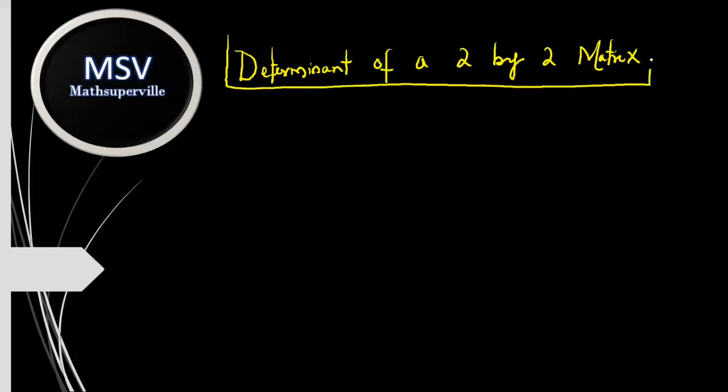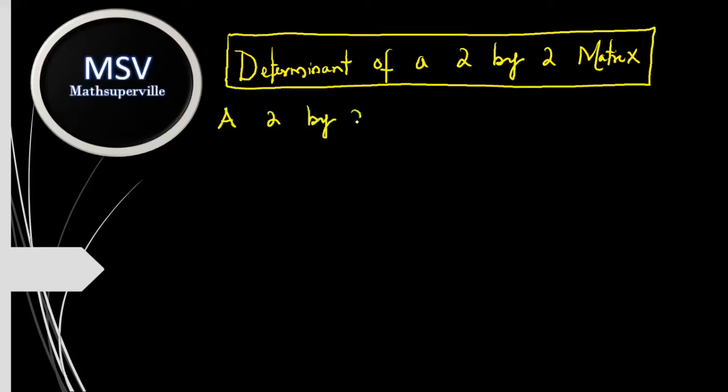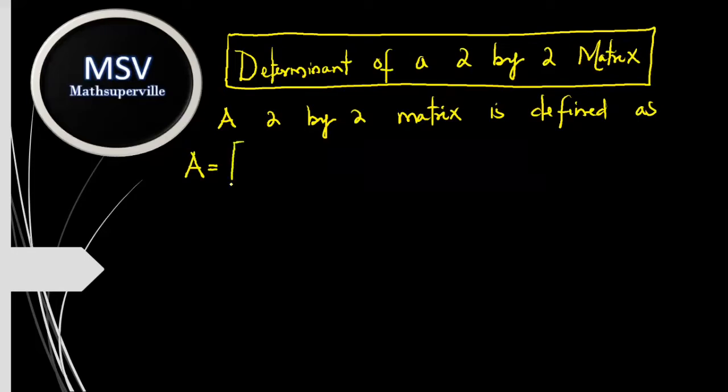So, determinant of a 2 by 2 matrix. A 2 by 2 matrix is defined as A, which is equal to the elements of A, which are enclosed within two brackets, an opening and closing bracket.